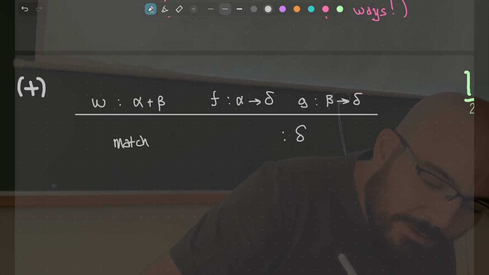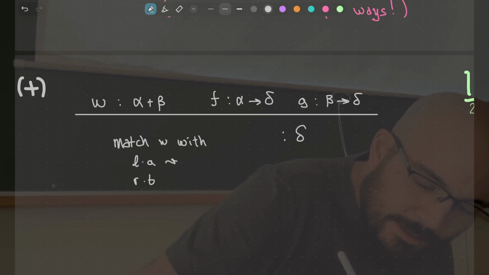Try to match w with all possible cases, which I will list here. So it's either a lefting of some little a or some x, I don't know, or the right end of some b. And in each case, I will have to tell you what to do. In this case, you will call f with the argument a, and in this case, you will call g with the argument b.